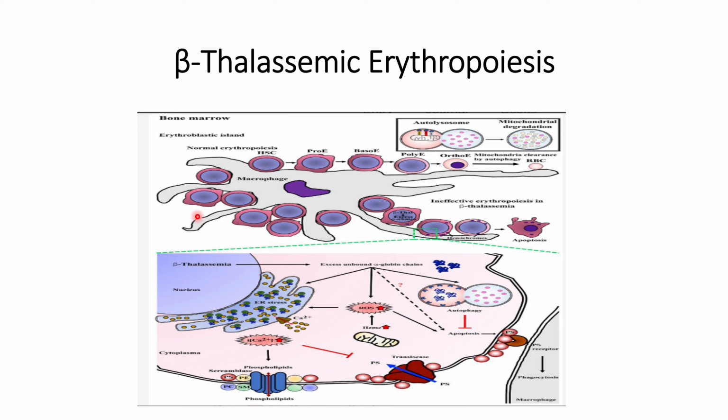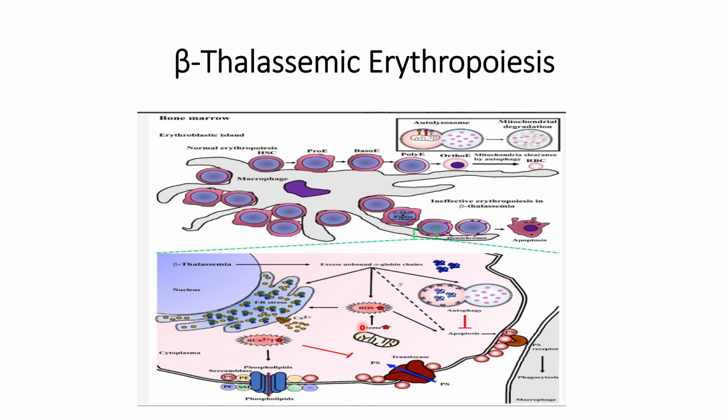It will go in a disproportionate, or we can say uneven, manner, and the time will come when the excess alpha globin will increase within the cells, and this will create problems such as it will lead to the ROS response, that is, reactive oxygen.